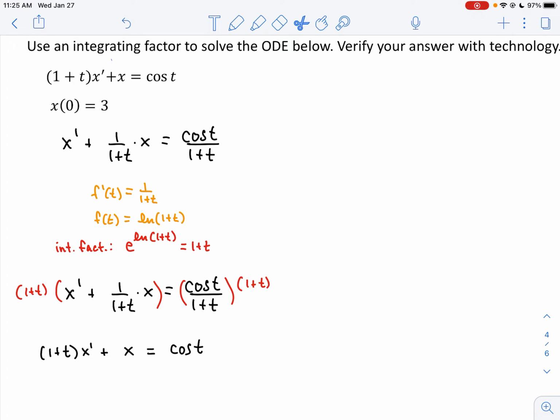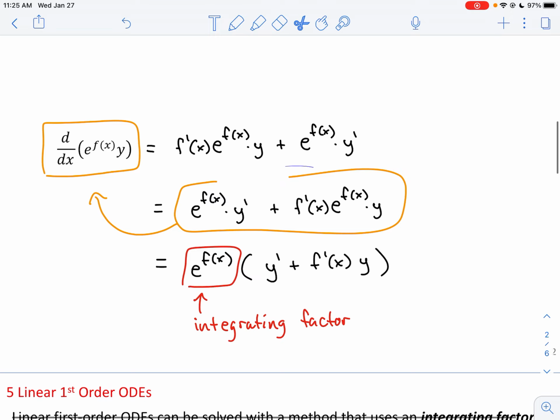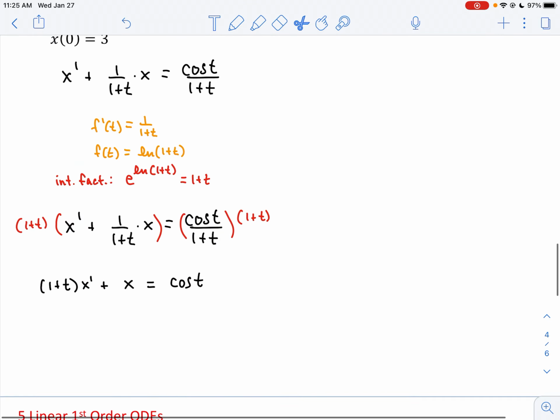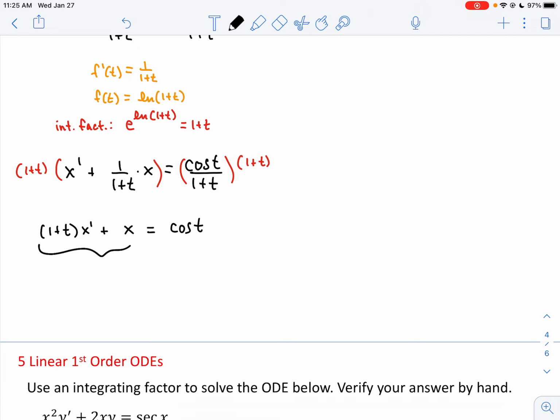Which means that I should have recognized this left side as already a result of a product rule that I could reverse into a derivative of a product. So this side will condense to the derivative, with respect to t, of the dependent variable, which is x, times the integrating factor, which is just 1 plus t.